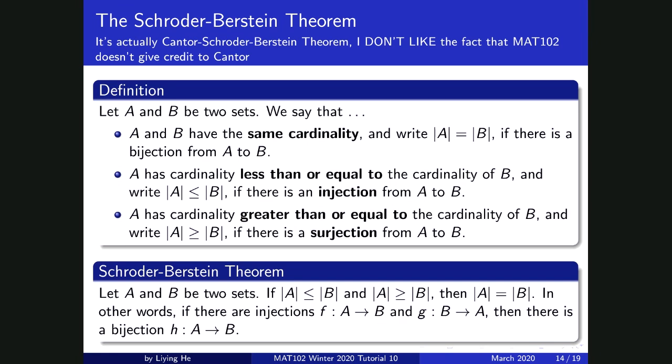Here is the definition we can use. A and B have the same cardinality if there is a bijection. The cardinality of A is less than or equal to the cardinality of B if there is an injection, and the same thing for surjection.